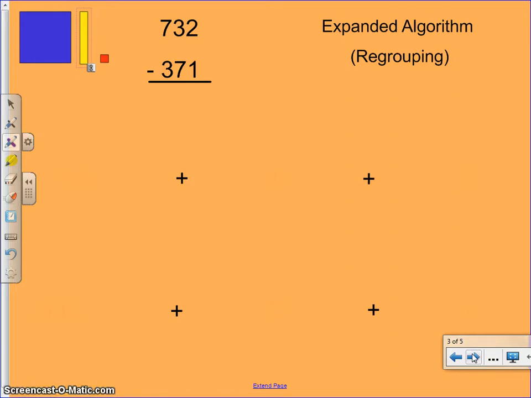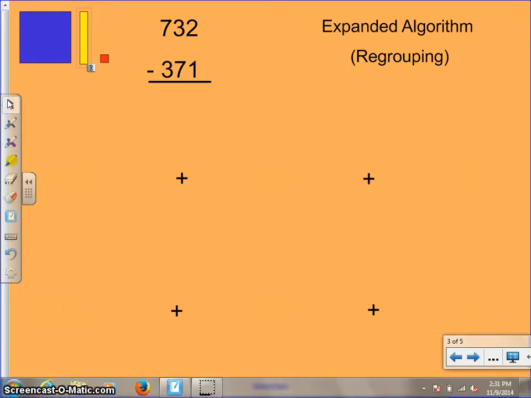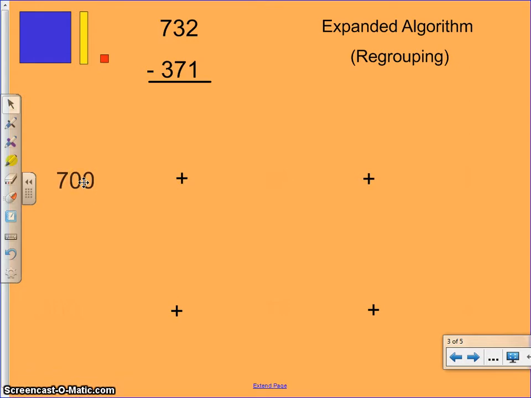And I'll show you what I mean. Here's the number 732 minus 371. I go ahead and I expand both my numbers again to help me make my subtraction easier. Okay? And then I go ahead and I subtract.